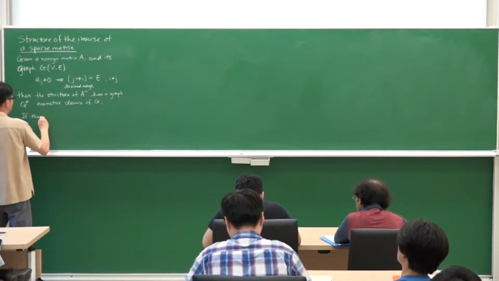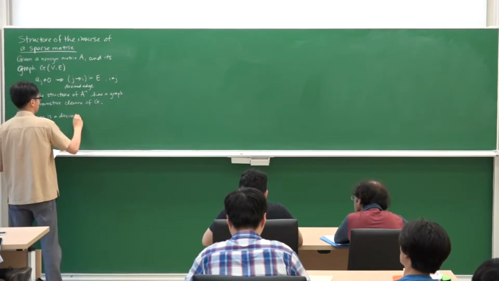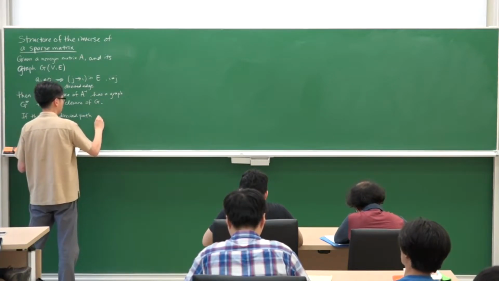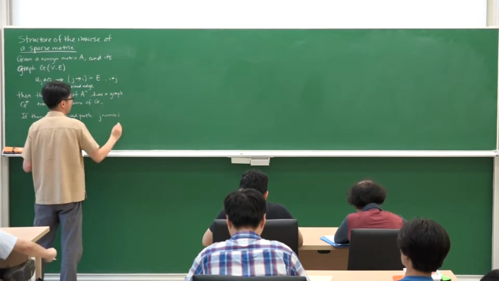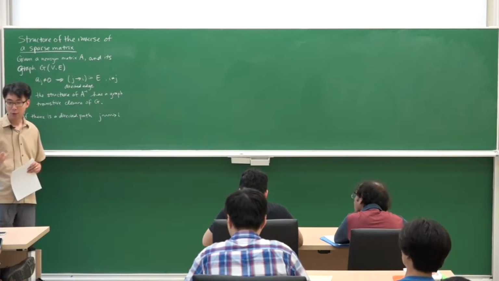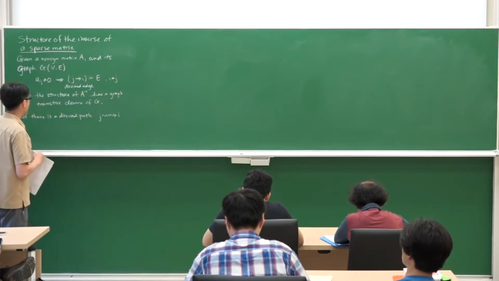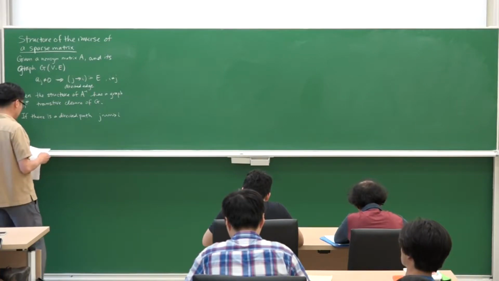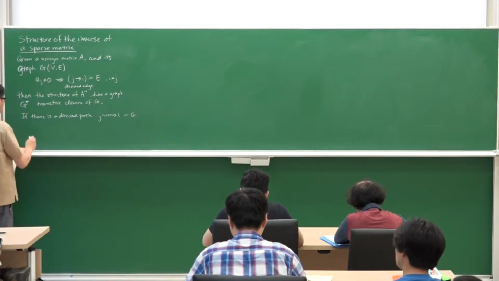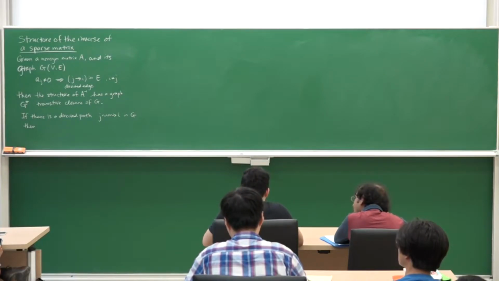If there is a directed path, let's say from J to I, okay, so this squiggly line means that there's a path from vertex J to vertex I, right? It's not necessarily an edge, but there's a directed path from J to I in G, which is the graph of A, then in the transitive closure, there is an edge from J to I.